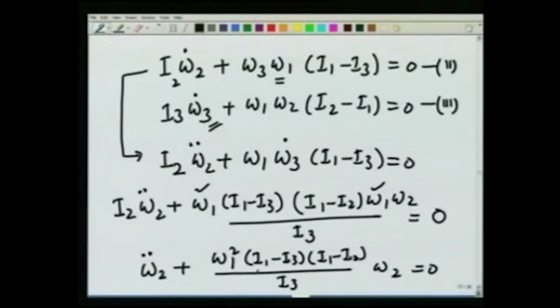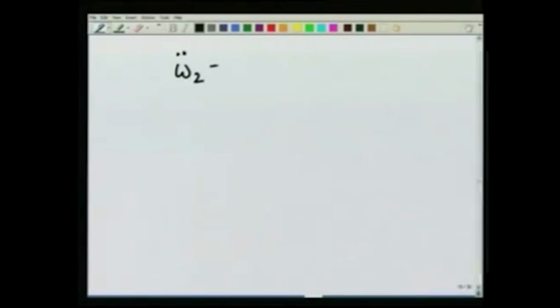Notice, since I1 is the smallest moment of inertia, I1 minus I3 is negative, and so is I1 minus I2. Two negative quantities multiplied would give me a positive number, and therefore, I should also write I2 here because I have divided by I2, and therefore I get the equation for omega 2 double dot plus some positive number, let us call it omega square, times omega 2 is equal to 0.